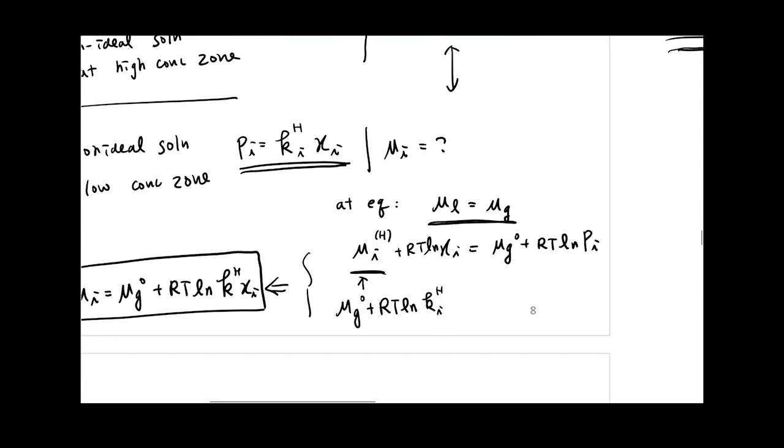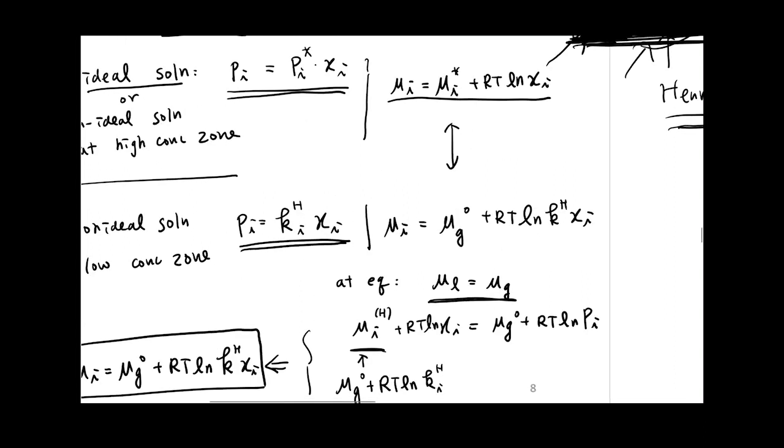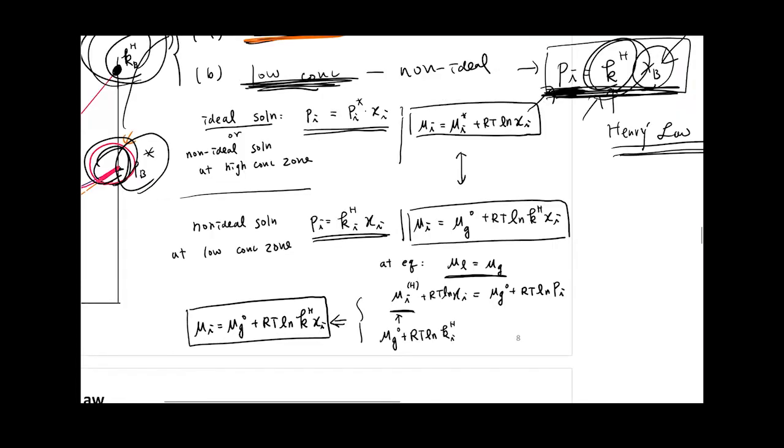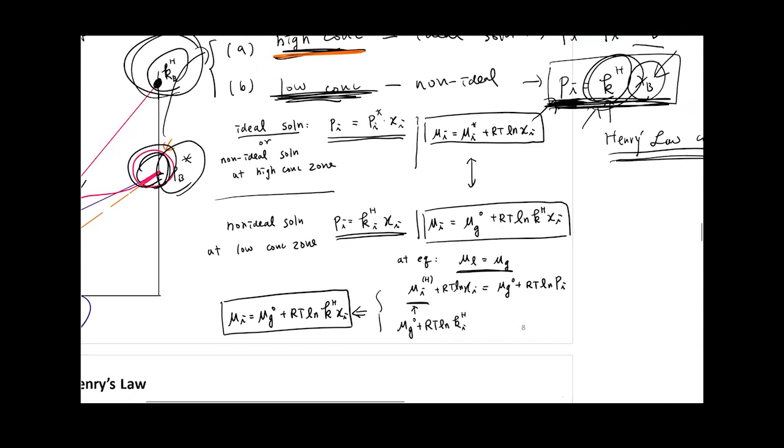So this should be mu_i equals mu_g naught plus RT natural log K_H times your x_i. You can compare the two. Basically, those are the two most important sets of equations. Let me highlight this, for your Raoult's law and Henry's law.